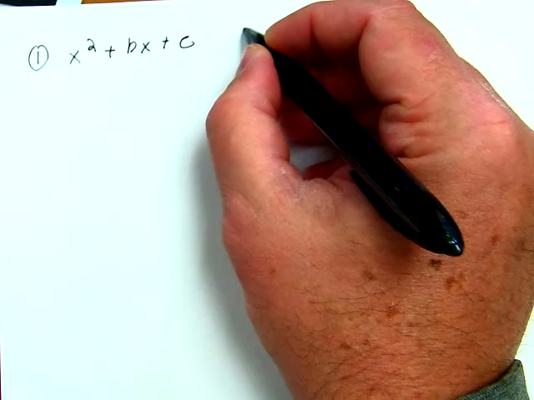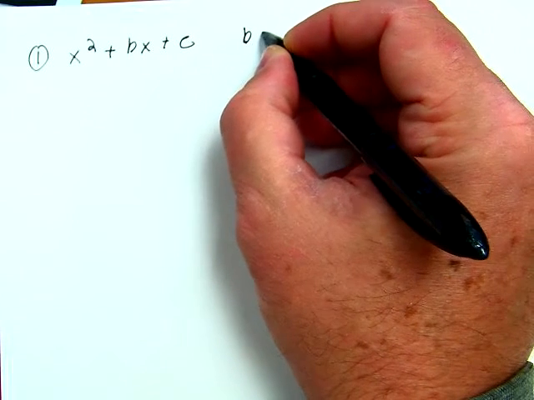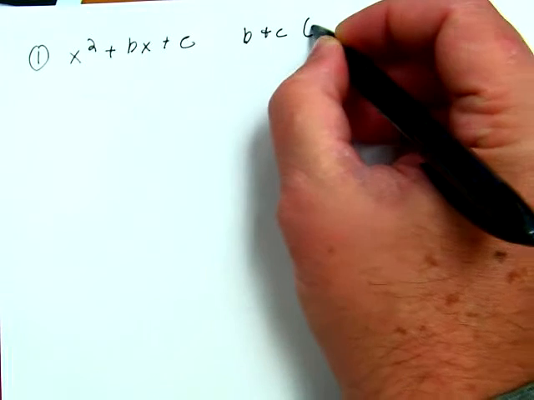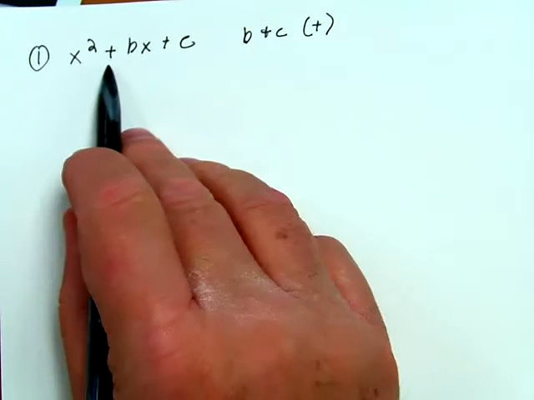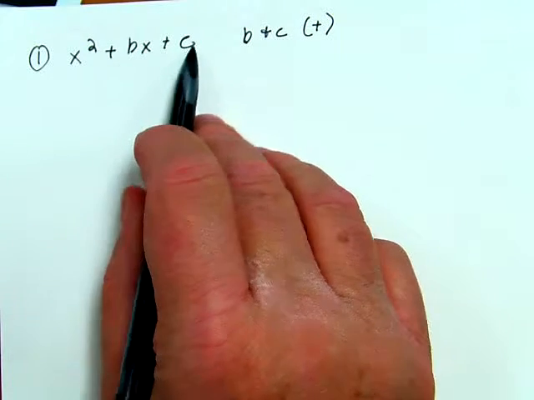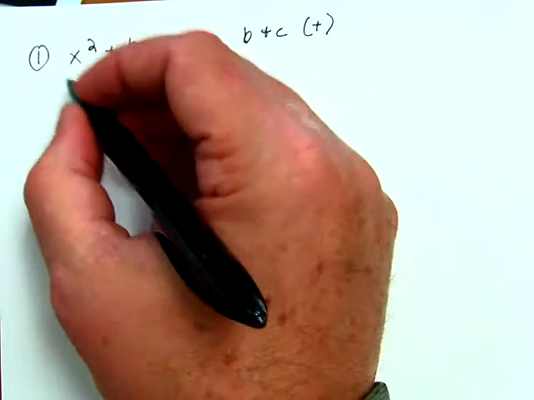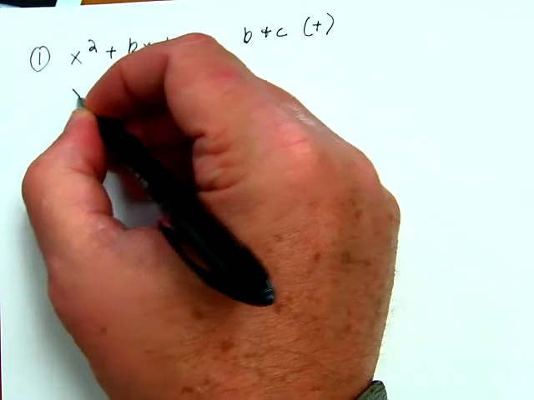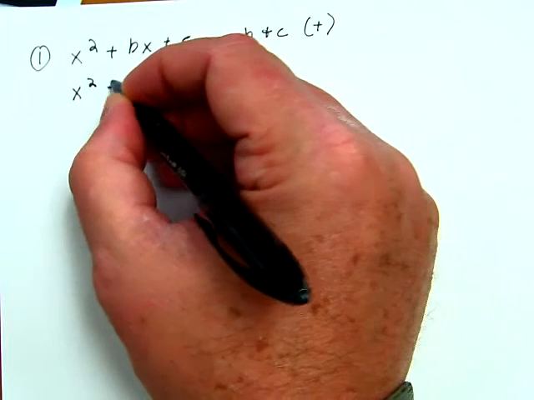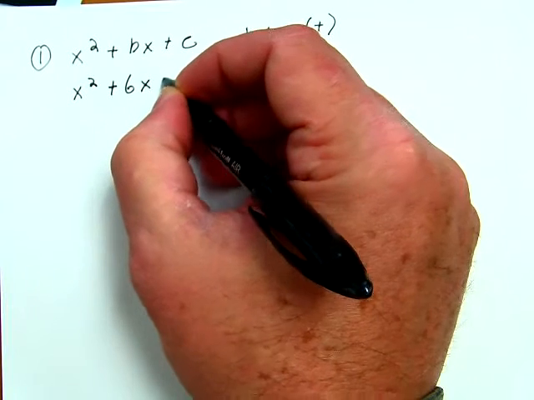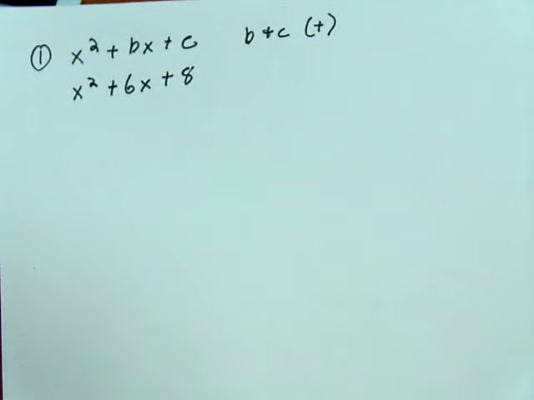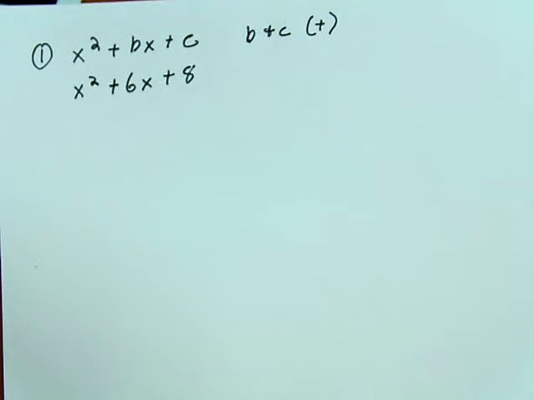And in this case, b and c are both positive. When b is positive and c is positive, what do we do? Well, how do we factor them? Let's just use an example. Example number 1 is this: x squared plus 6x plus 8.